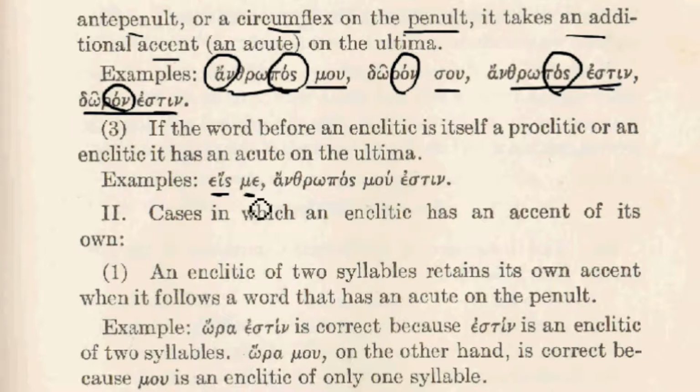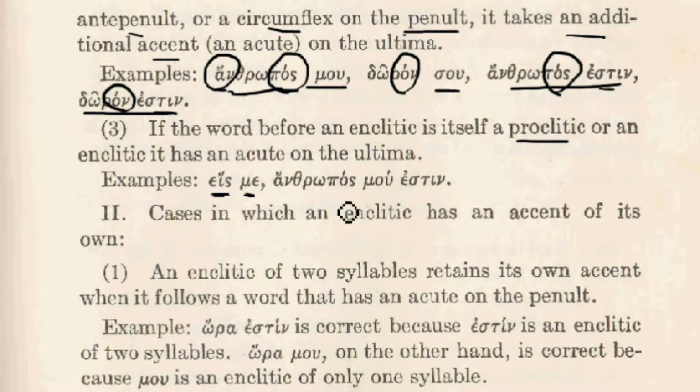This is into me. Now you notice that eis is ordinarily proclitic, meaning that it doesn't have its own accent, but the next rule of enclitic accent is when you have a proclitic followed by an enclitic, the proclitic will add an acute accent, just as we saw in the case of the other words we were looking at. So again, just to make it easier to pronounce, in the original Greek language, the accent would be added here, an acute accent now, followed by an enclitic.